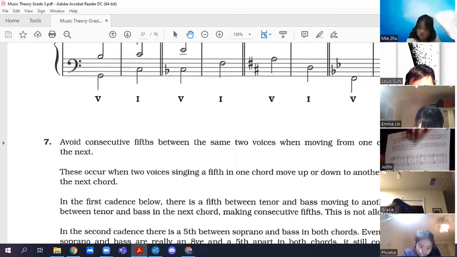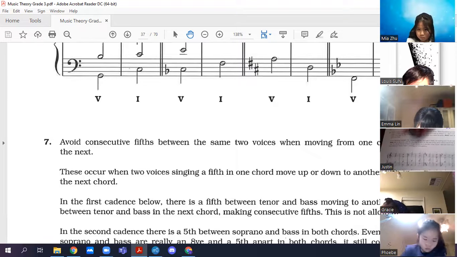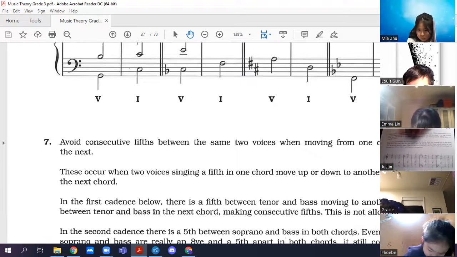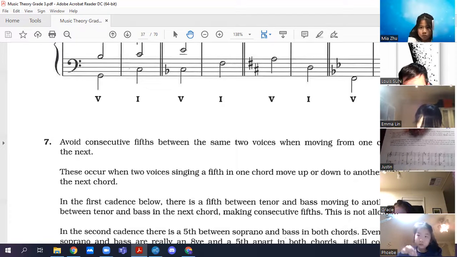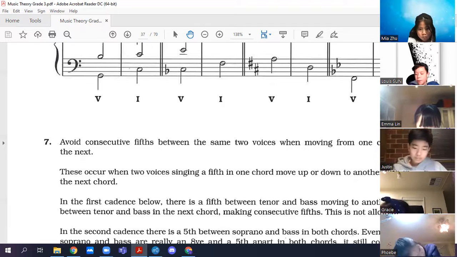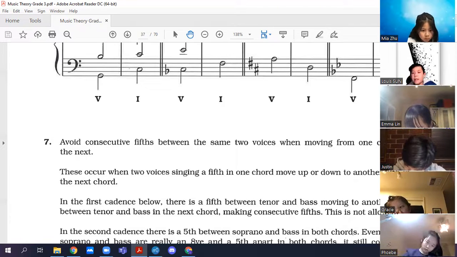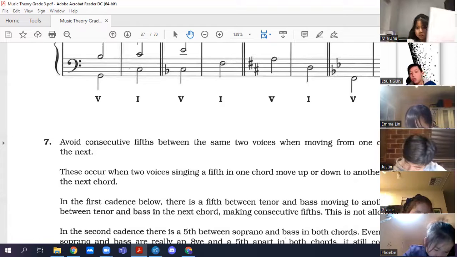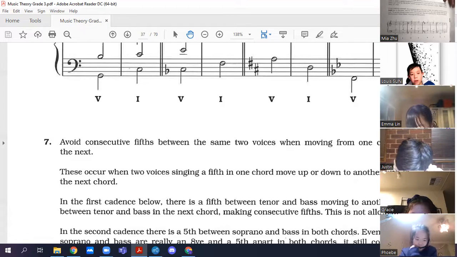Justin, for the fourth exercise, there's a really big jump in the tenor. See if you can fix that. It's due to a fault because you aren't tripling the tonic.